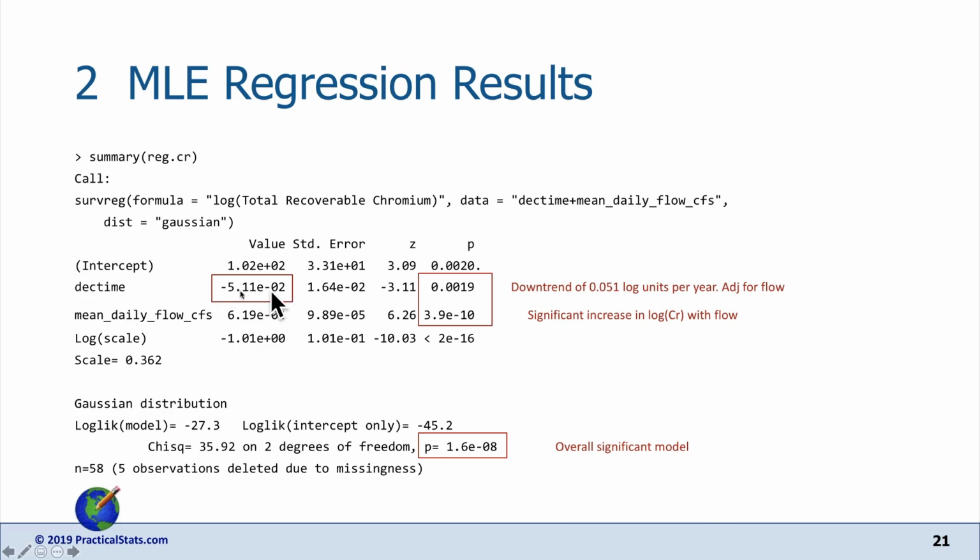So we're trying to meet that goal. And then, so usually you're trying to subtract off something you cannot control, like some climate variables, so that you can get to what humans have done. Maybe there was some attempt to decrease output of chromium from somewhere. Or maybe just to cut down sediment, I don't know. Anyway, we do find a downtrend, a significant downtrend once we've accounted for flow.